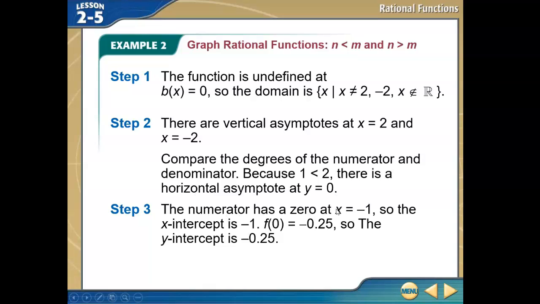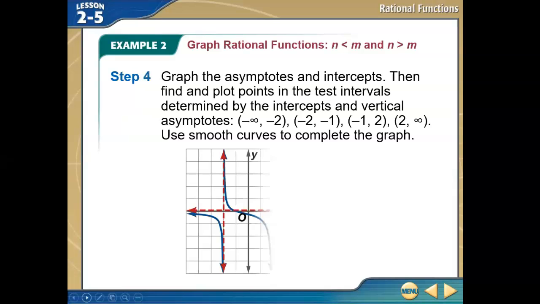Numerator has a 0 at x equals negative 1. How do they get? Oh, duh. I made a simple math mistake.